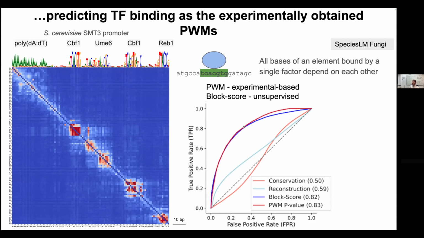Another thing we should add is that the positive set is actually slightly biased towards the PWM because the positive set was defined by ChIP-seq peaks, which simultaneously have a PWM match. It's quite impressive that a purely unsupervised score can already be comparable to this PWM score.